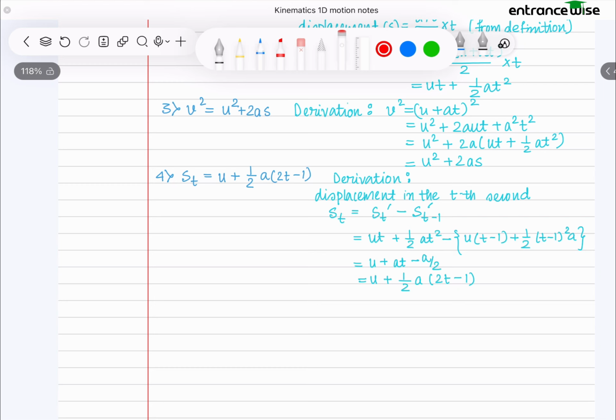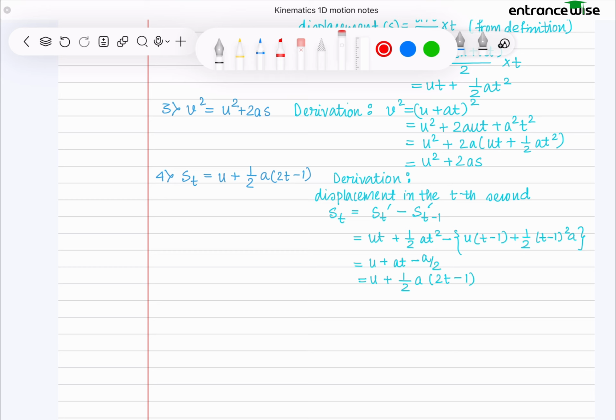Now let's talk about the derivation of St equal to u plus half a into 2t minus 1. Here St equal to distance covered in the tth second. For this derivation, we will first write the distance covered after the time interval t.